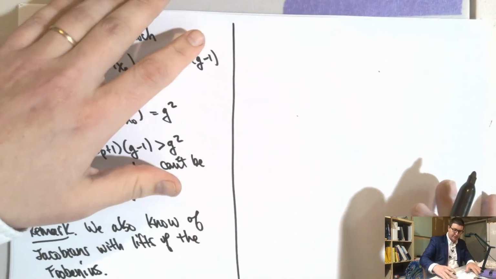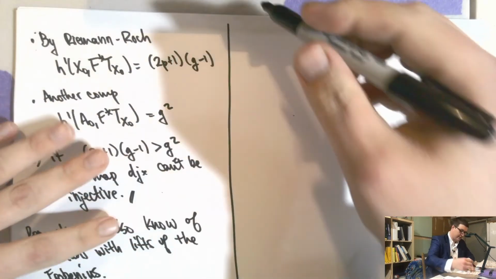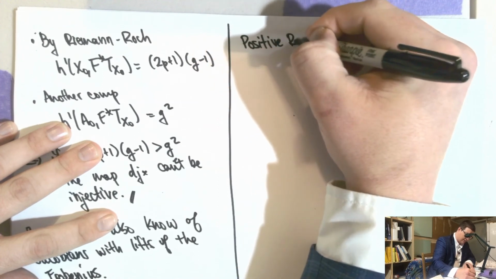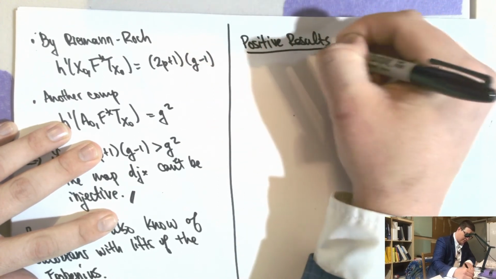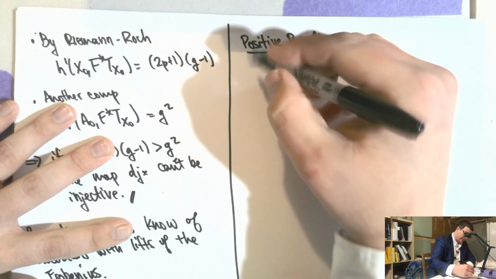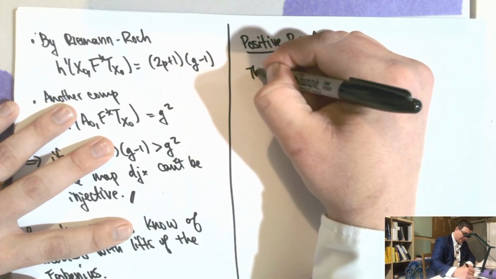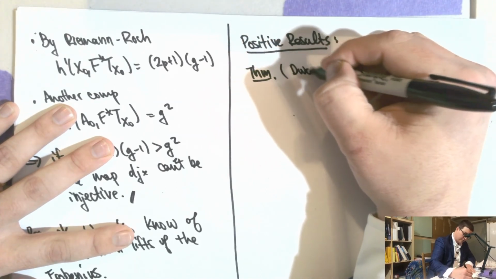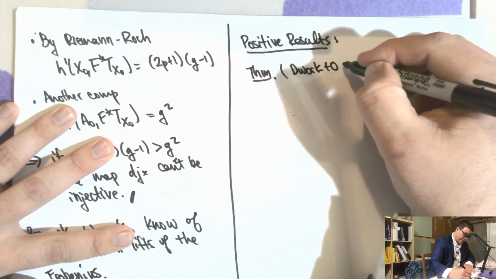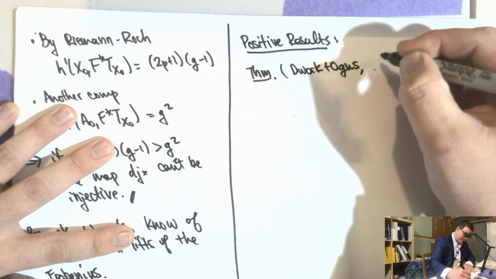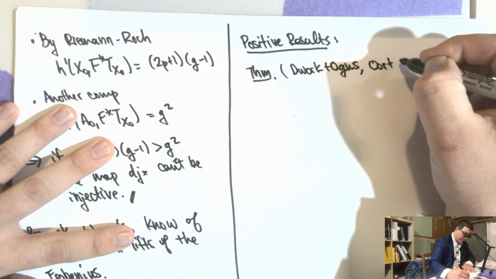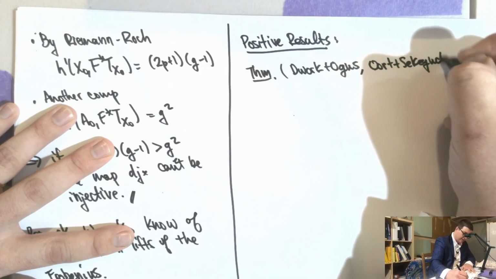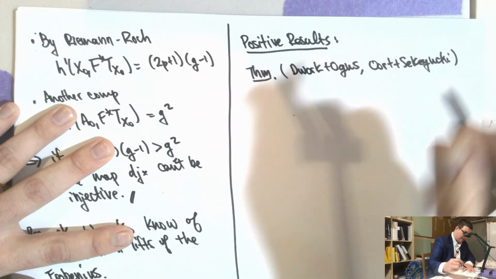Okay, so in the positive results direction, there's a theorem of Dwork and Ogus, and the same result was proved by Sakaguchi and Ort.